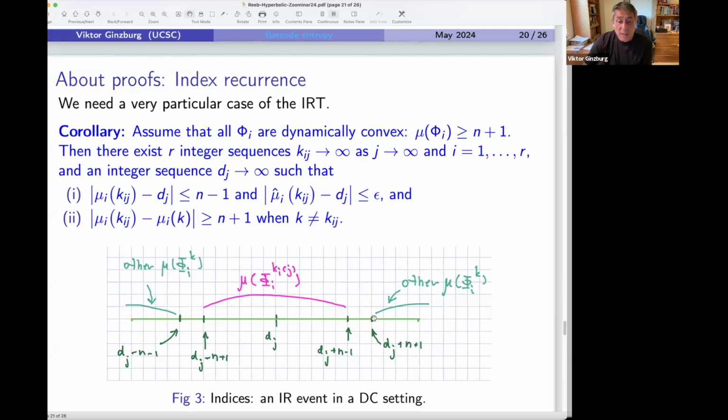And all other iterations are some distance away from it, with a little gap of length 2. So these iterations are in that finite range, and everything else is a bit away.